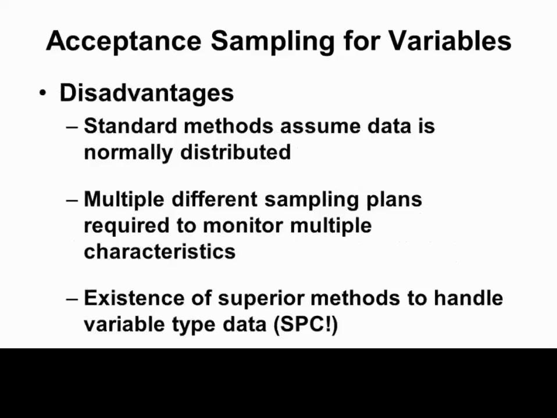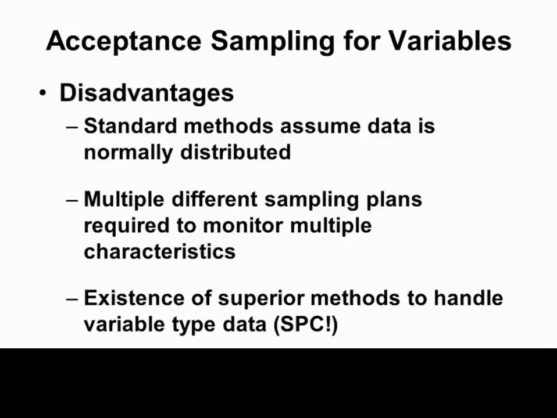Okay? Often not the case. So they fall apart for non-normal data. And then, to the extent that you have different specs and different standard deviations, you have to have different plans for different variable characteristics that you're monitoring.